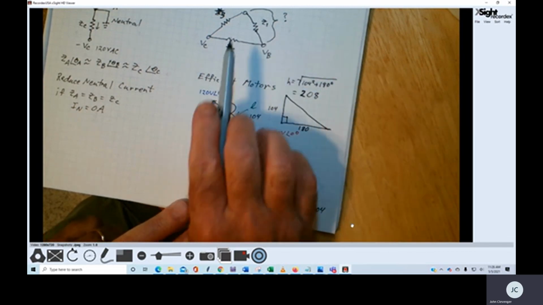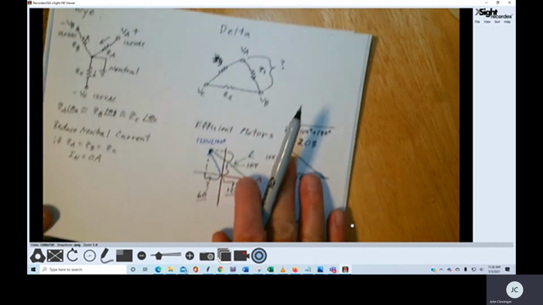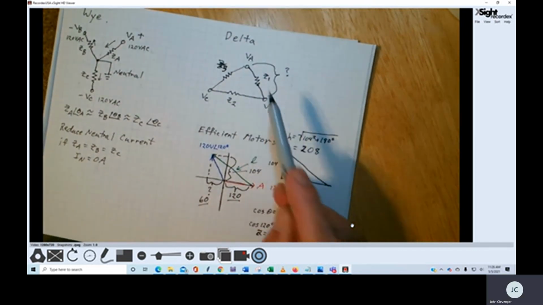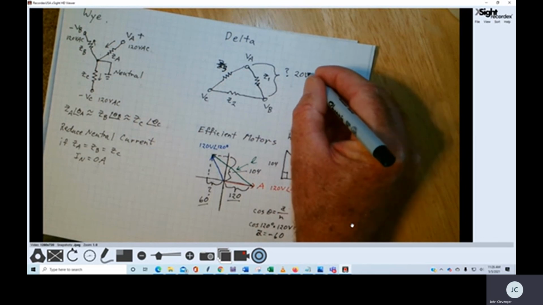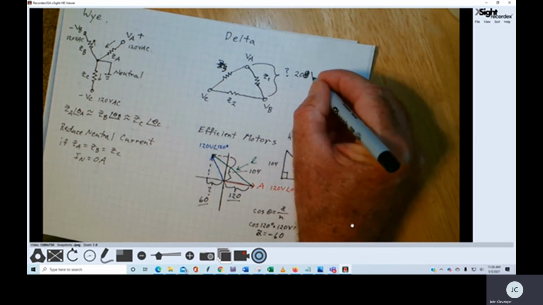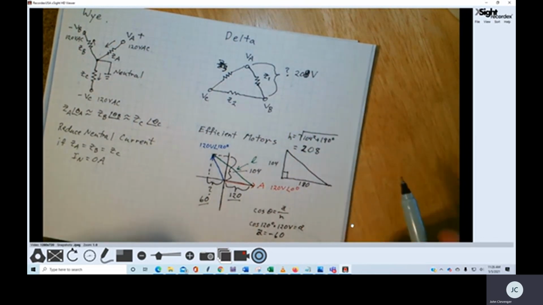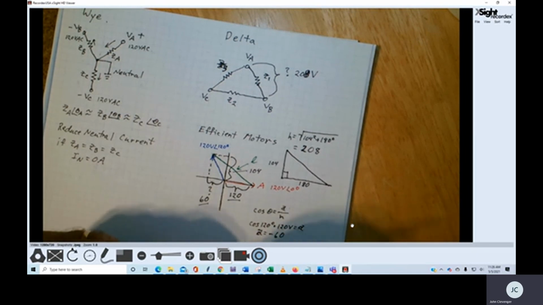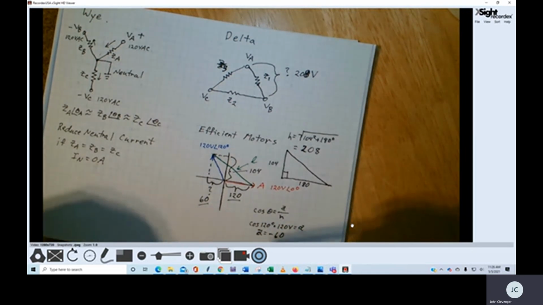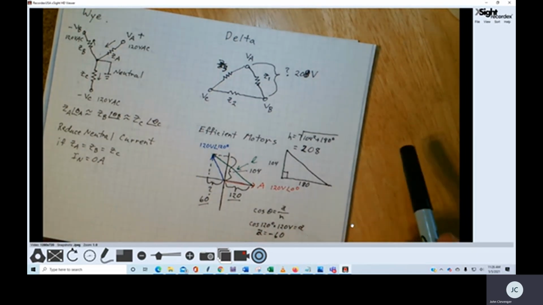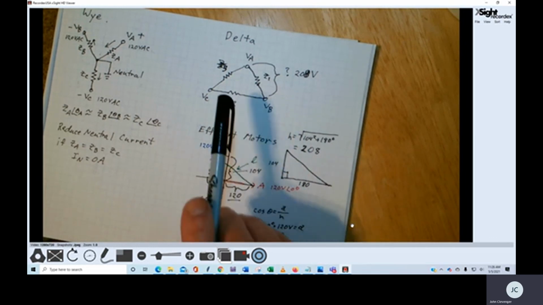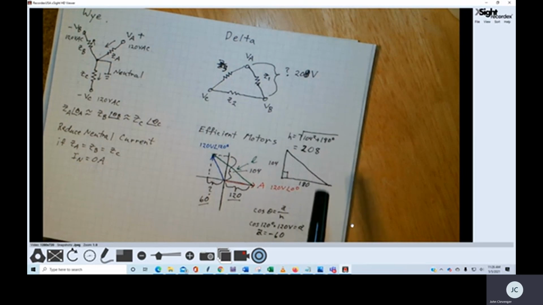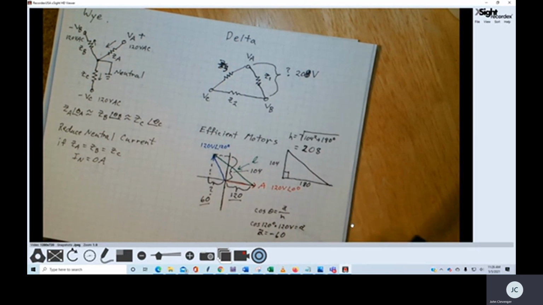So the voltage difference between phase A and phase B is 208 volts. There is no angle associated with that, since there is no reference point. And of course, the voltage from B to C would be 208, and the voltage from C to A would be 208.